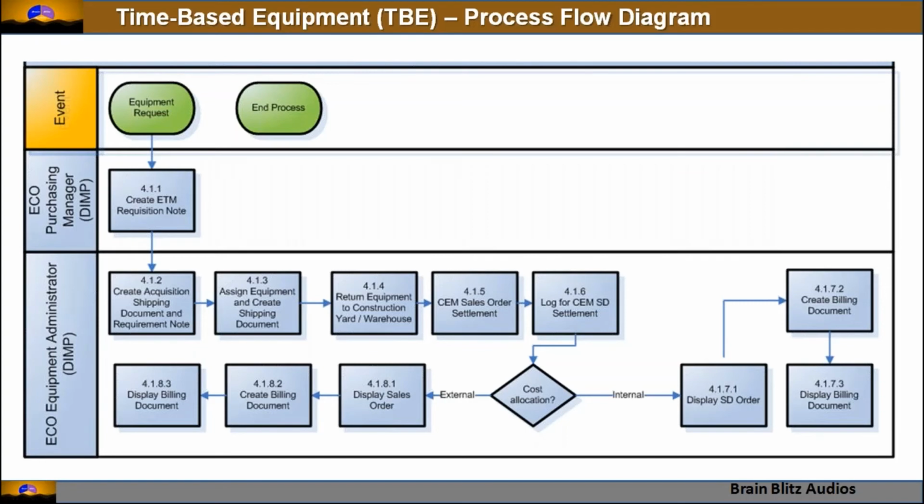These charges you will send as a sales order and create a bill, and send it to the parties, whoever is paying for that, and you'll be receiving that amount. So this is how the time-based equipment process flow works in ETM.